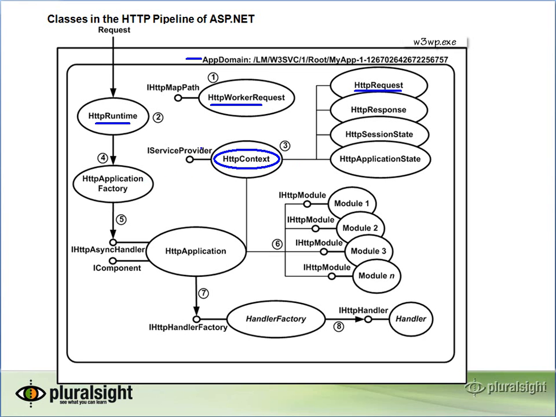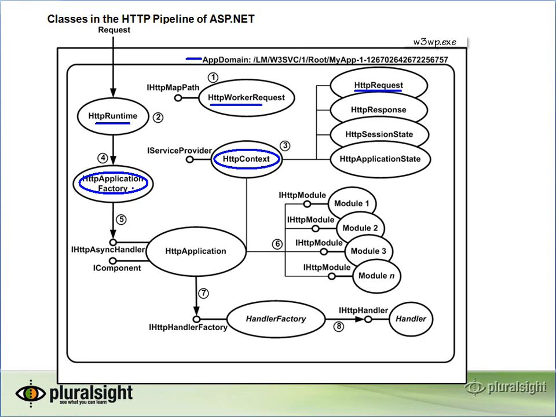Now, let's follow the path of the request at this point. Once those two things have been constructed, the runtime is going to dispatch the request onto the application. But as with the handler endpoints, the application class goes through a factory class as well to instantiate it. So there's an HTTP application factory, and that becomes important later, as we'll see, because you may end up needing to intercept that so that you create different application types.